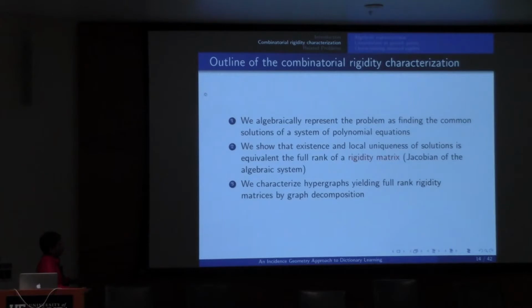And then we go and characterize the hypergraphs for which this rigidity matrix, which only depends on the hypergraph, ends up having full rank, in a generic way. So this rigidity matrix is really a matrix of indeterminates.